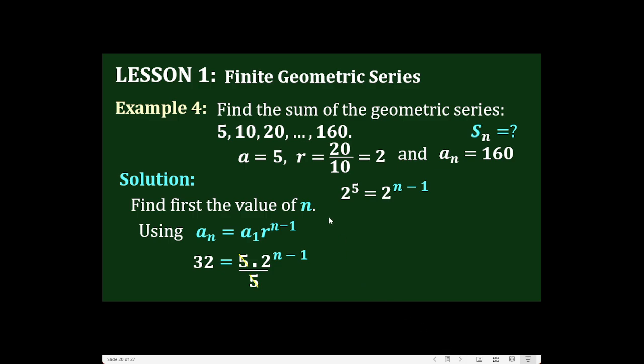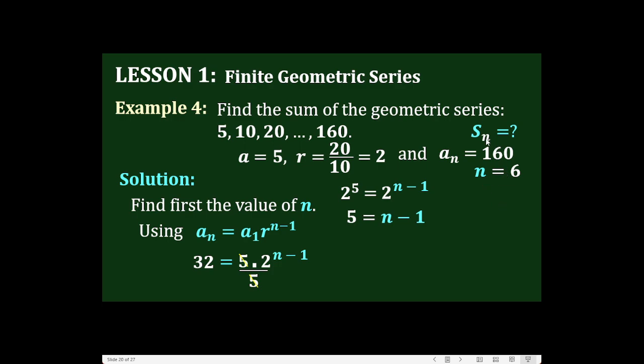You will notice that from these equations, we have 2 powers of the same base of 2. If we have powers having the same base, we can therefore say that their exponents are equivalent. So it follows that 5 is equal to n minus 1. Solving for n here, that is equal to 6.